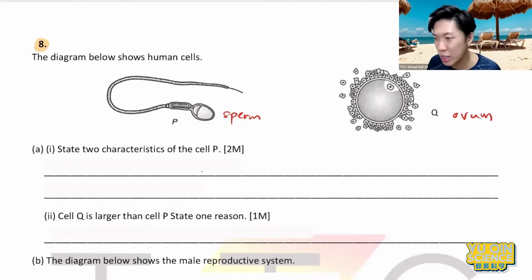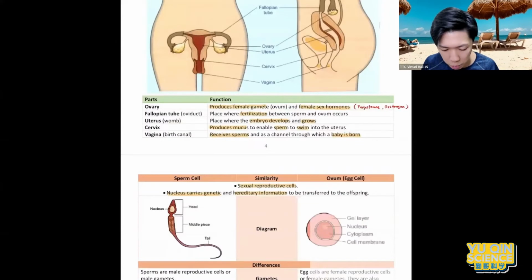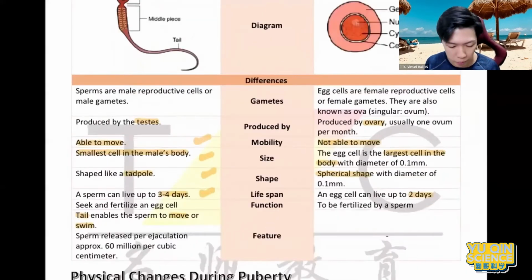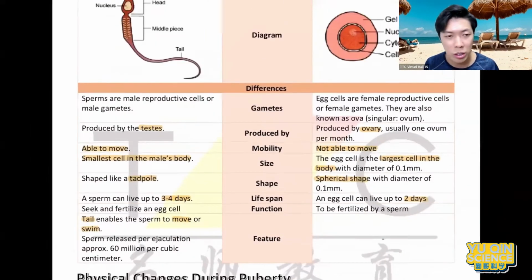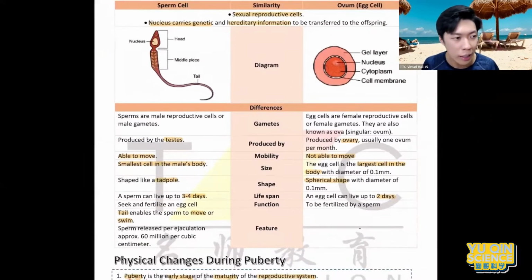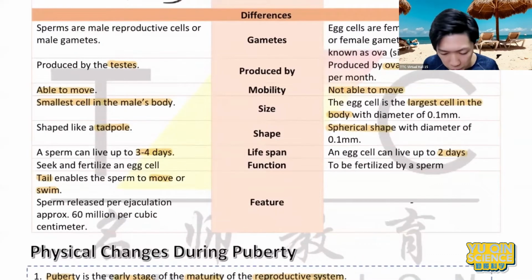State 2 characteristics of cell P, meaning characteristics of sperm. Let's check this out. That's quite a lot though. This box is all the characteristics, but I think not everything can be written.